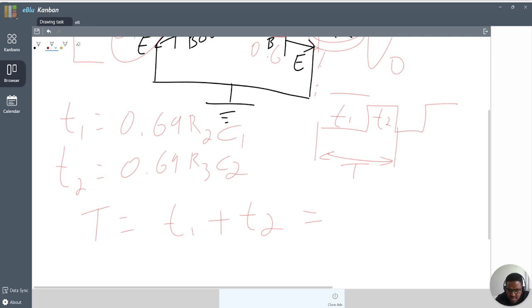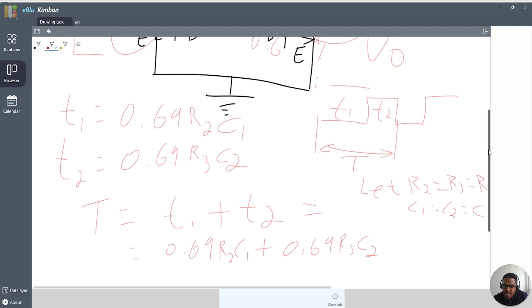Let R2 equal R3, that becomes R. Again, C1 equal to C2, that becomes C. So 0.69 RC plus 0.69 RC.